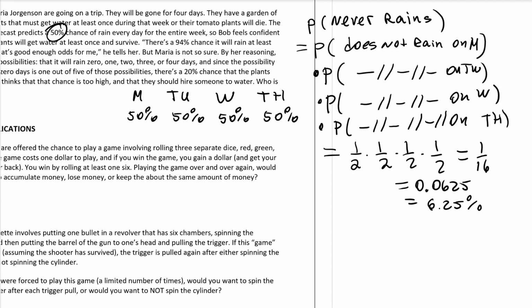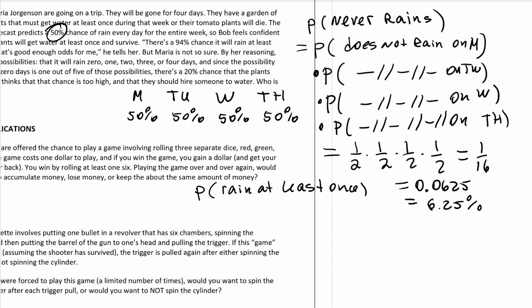So that's the only probability that the plants are actually going to die, because it never rained. Now, what would be the complement of that event? The complement of that event is the probability that it's going to rain at least once, correct?